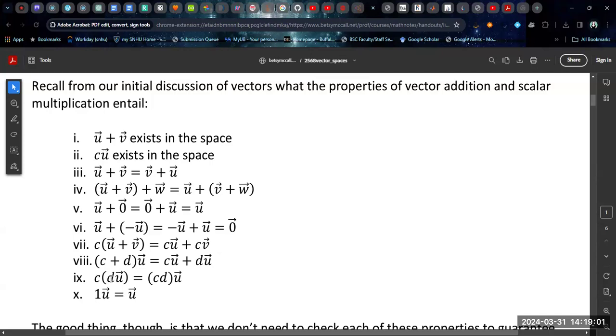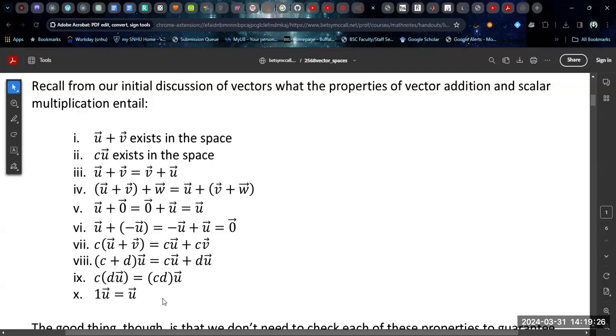I can scale a scaled vector, or I can multiply the 2 scalars together and then multiply the vector by that. And if I multiply a vector by the identity scalar 1, then I get the original vector back. Now, any class of objects that satisfies these will also be considered a vector space.